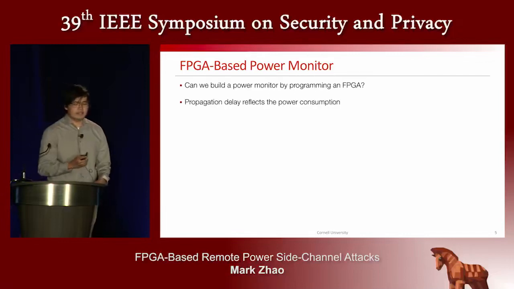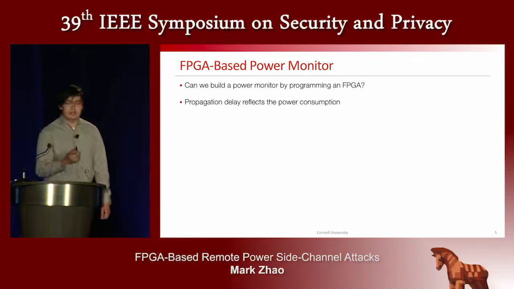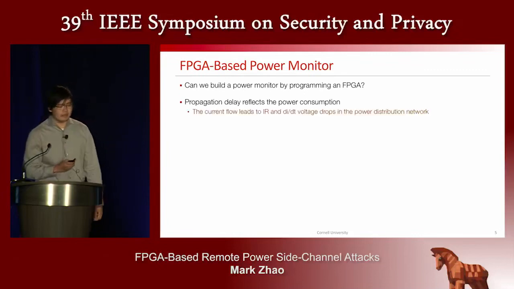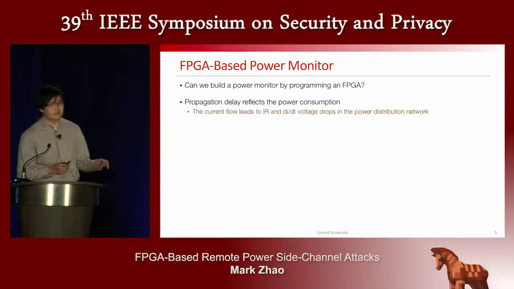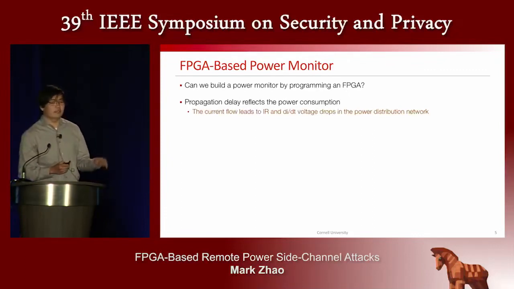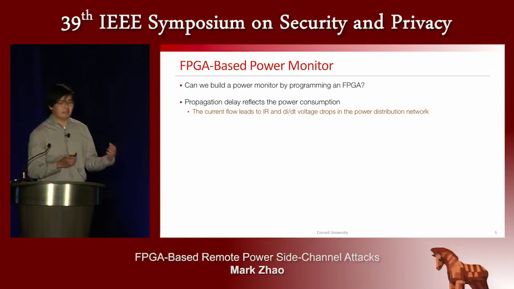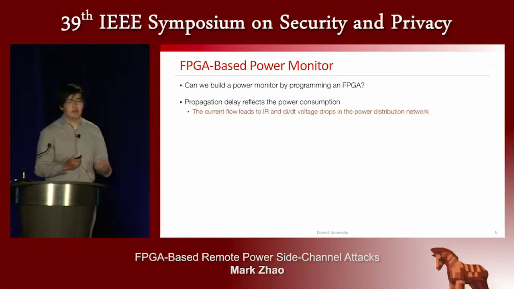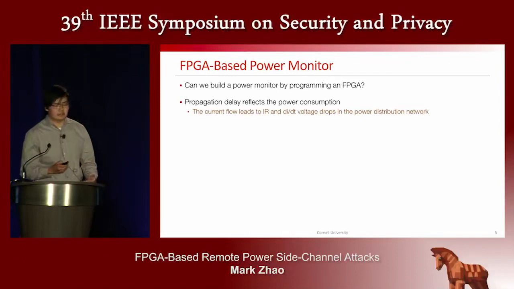And how we do this is we build on the fact that the propagation delay of a signal throughout CMOS logic reflects the power consumption of the full device itself. This is because more power consumption results in more current flow through the device, which then leads to voltage drops in the power distribution network because of phenomena called IR and di/dt voltage drops.